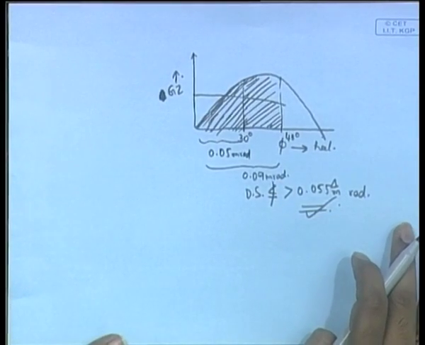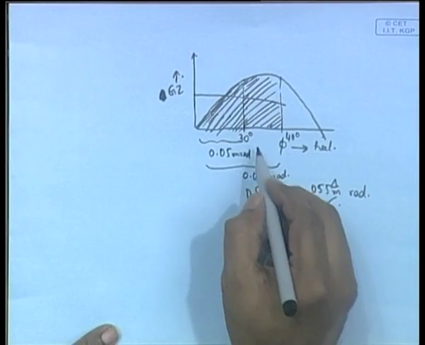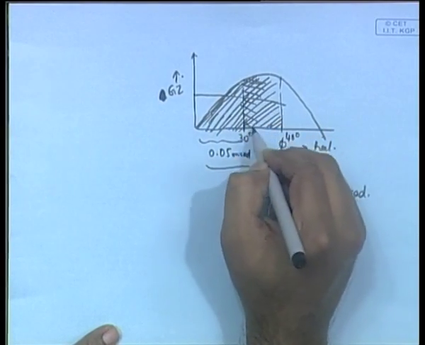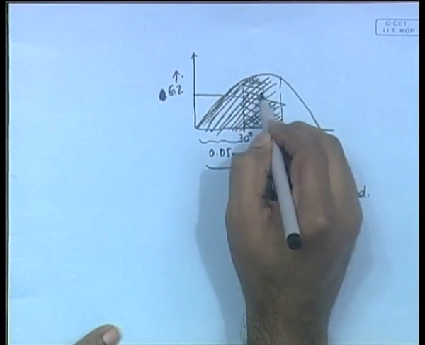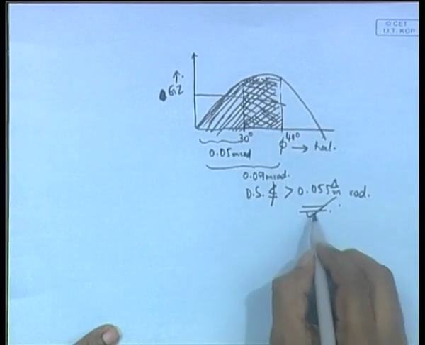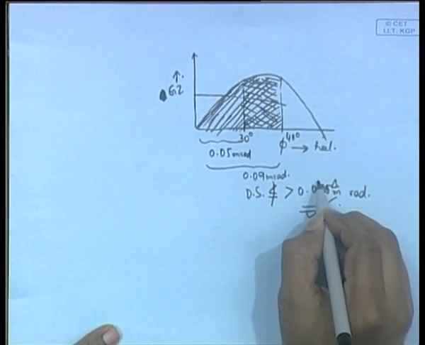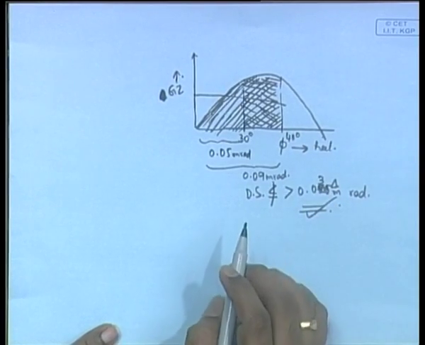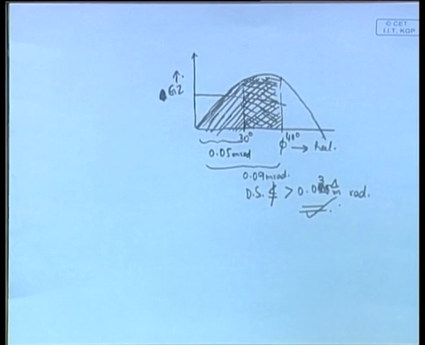And between 30 and 40 degrees, this area should not be less than 0.03 meter radians.